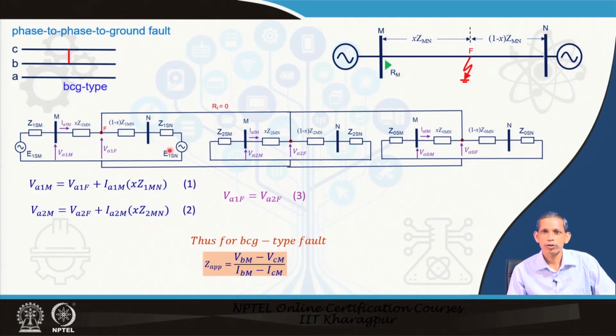Therefore, you can conclude that for BCG type fault also, the final relation for the apparent impedance will be V B M minus V C M divided by I B M minus I C M. That means that the types of fault BC and BCG have the same apparent impedance relation of V B minus V C upon I B minus I C, and similarly you can conclude for CAG fault or ABG fault for the apparent impedance calculation.